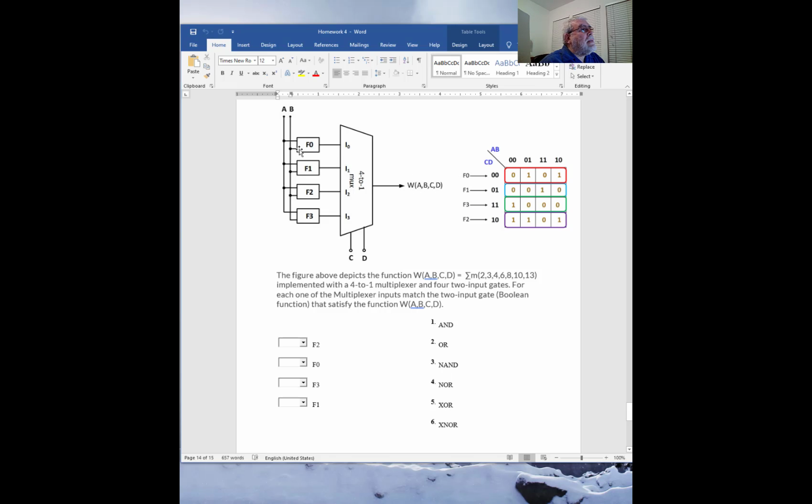Okay, so that, if you look here, it will tell for what values of A and B we have 1s or 0s. Therefore, because it's a 2 input gate, we have only 4 possibilities. Those are the truth tables for each one of the gates. So what we need to do is look into the truth table of each one.